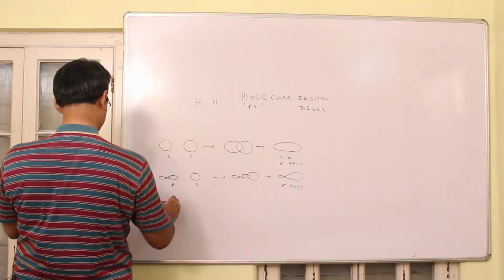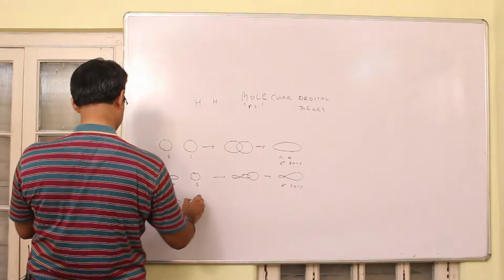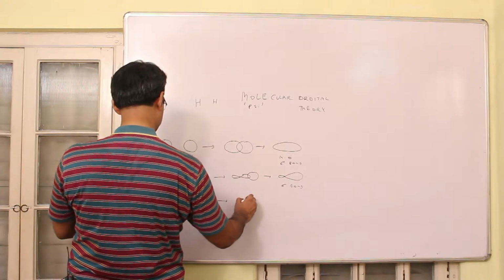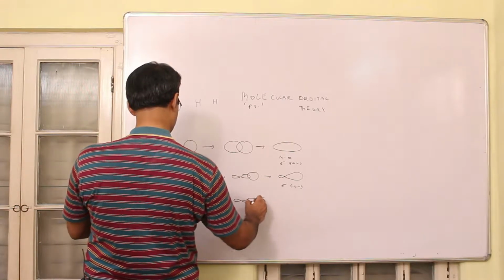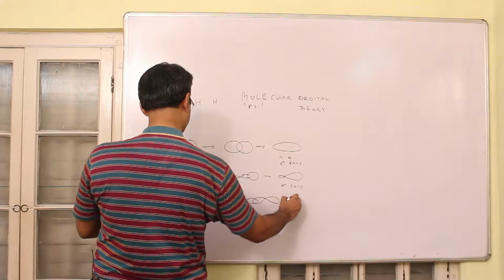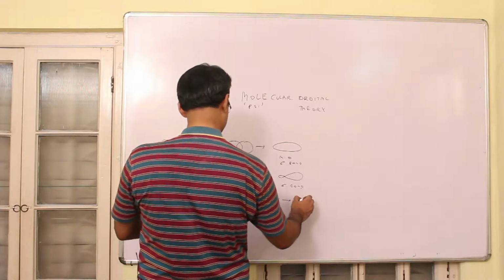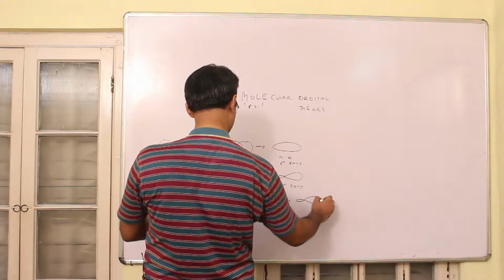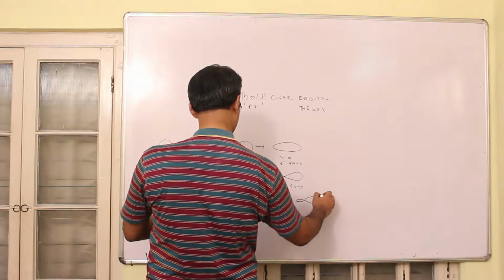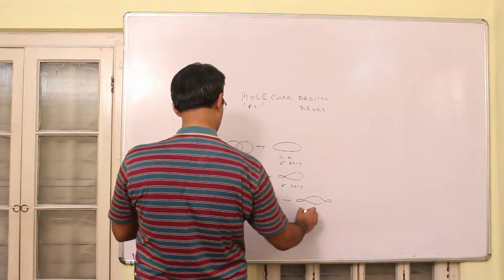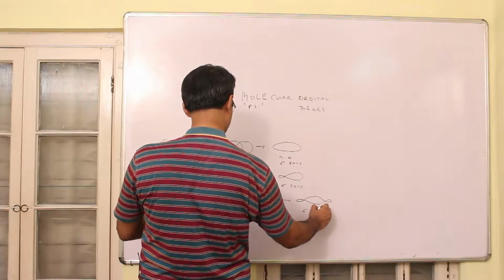And of course, as you would expect, it could be that there is overlap of two p orbitals. And this is also another type of sigma bond.